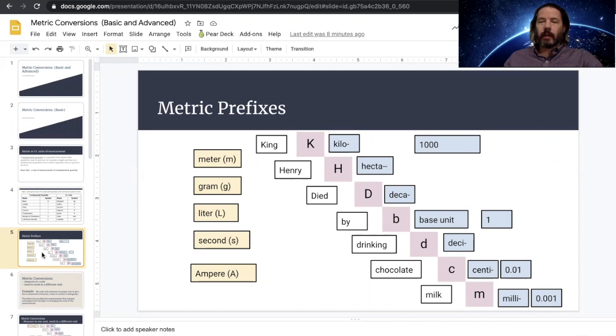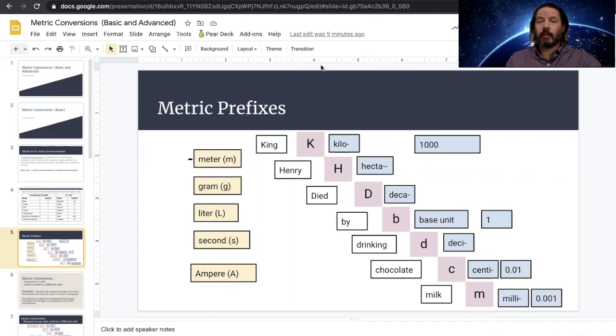One of the great things about the metric system is that whatever our base unit is, if we have multiples of 10 of these, we give it a prefix. So for example, if my base unit is the meter and I have 10 meters, I could actually use the word deca instead of saying the word 10.